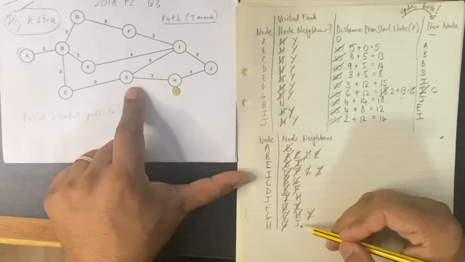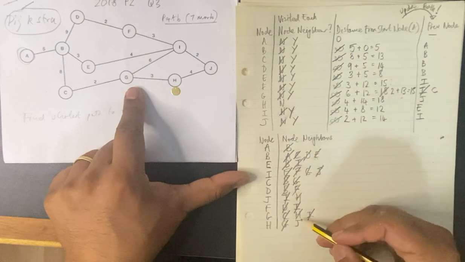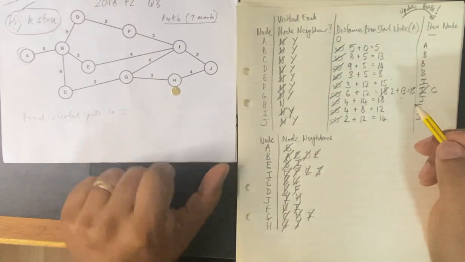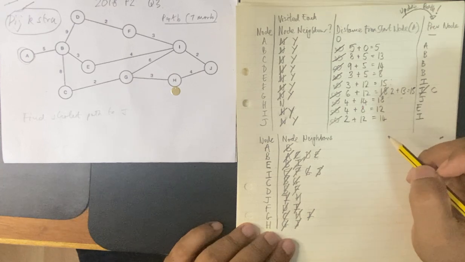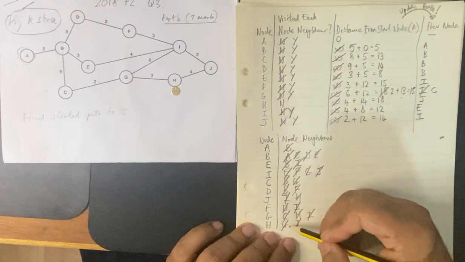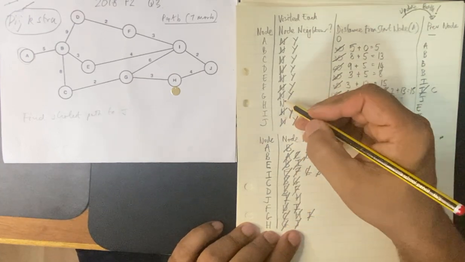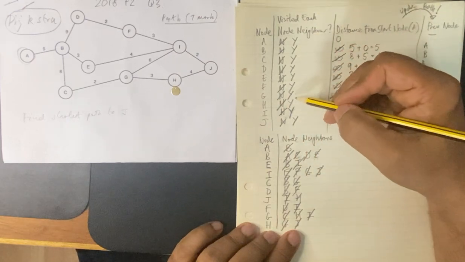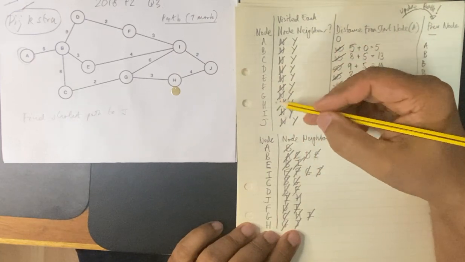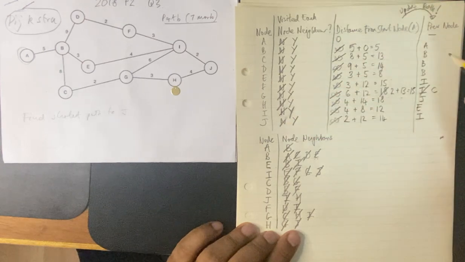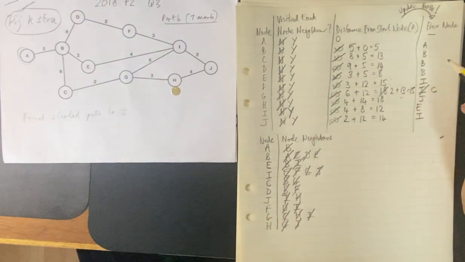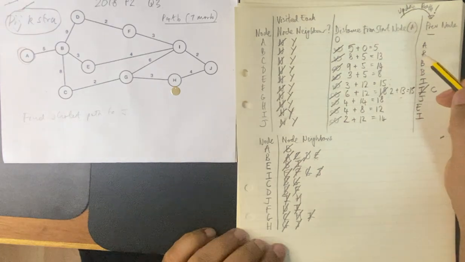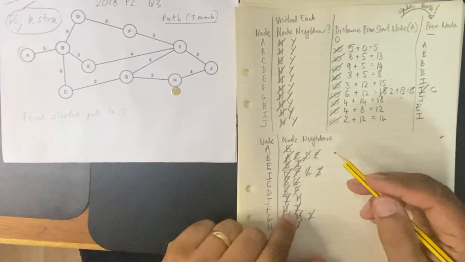Let's look at J. It's also got a Y in it, so we don't need to do anything for that either. Now, we have finished. Right, actually, because we've processed the neighbours of H, we can update this. Now, we have looked at all the neighbours of every node, and we have therefore finished Dijkstra's algorithm, and we can go back to answering the question.